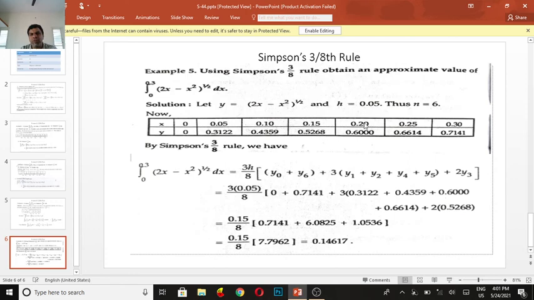If x equals 0.20, the corresponding value of f(x) is 0.600. If x equals 0.25, the corresponding value will be 0.6614. If x equals 0.3, the corresponding value will be 0.7441. If you take a scientific calculator, substitute the given x interval.